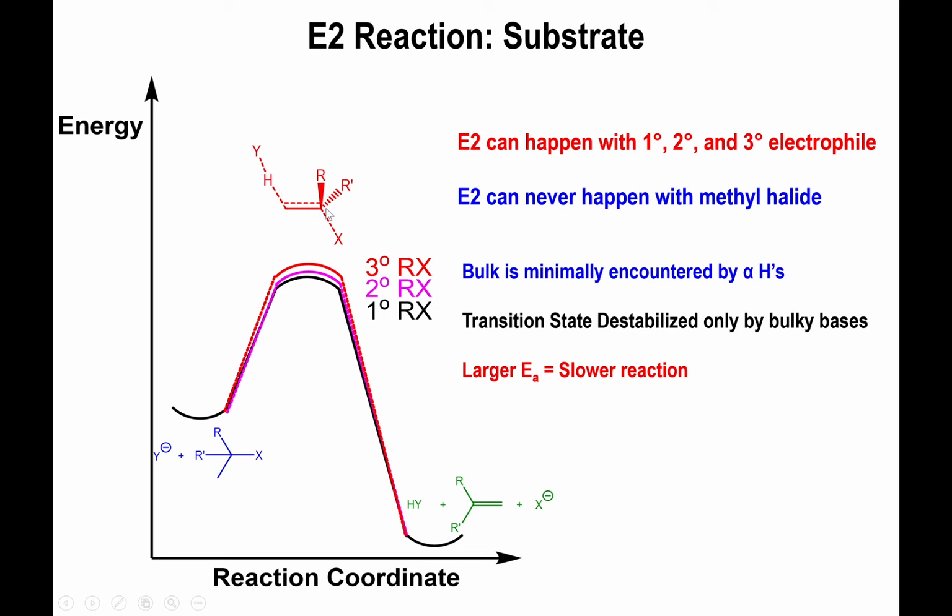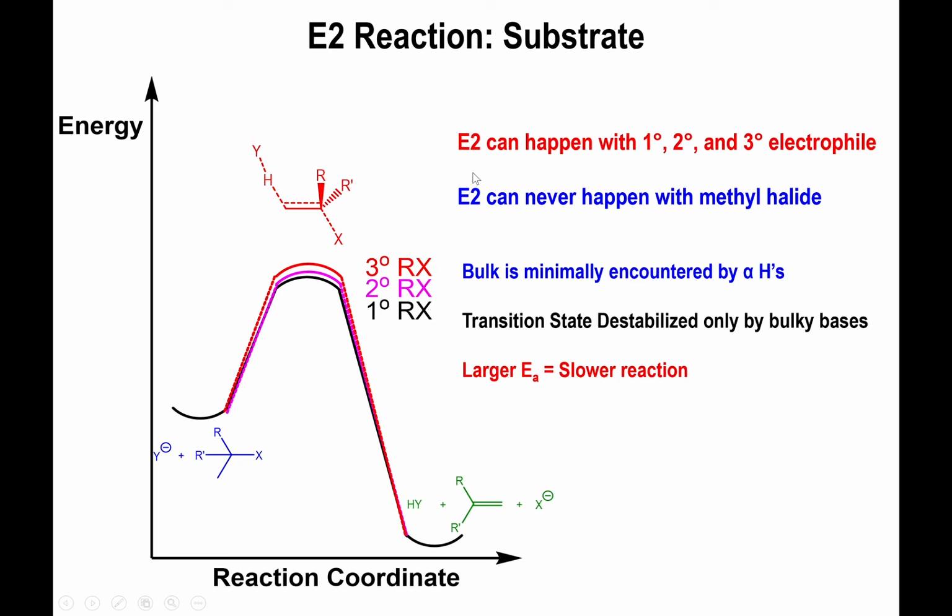So it doesn't really matter if this carbon is primary, secondary, or tertiary. The elimination is going to happen regardless, because it's happening on the neighboring group, right? So even though there could be shenanigans going on here in terms of sterics, here on the left side, everything's cool. So the base attacks there, and you can form that.